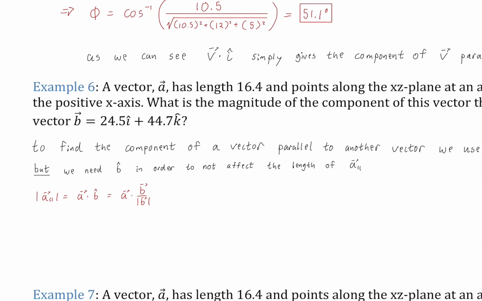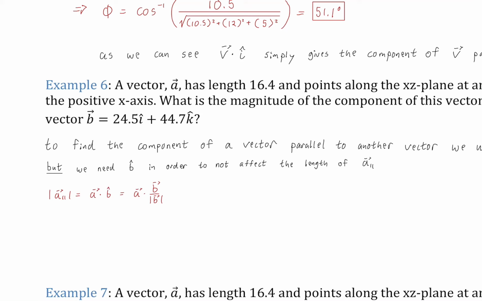So what does that look like? We want to find the magnitude, because I asked for the magnitude of the component of A parallel to B. That's why I've given the subscript notation of 2 lines. This denotes parallel. So by definition, that's going to be A dotted with B hat, which is the same as A dotted with B divided by the magnitude of B, because this right here is B hat.